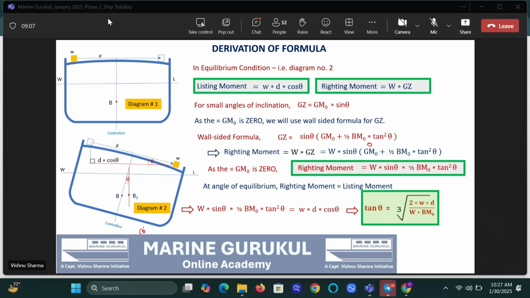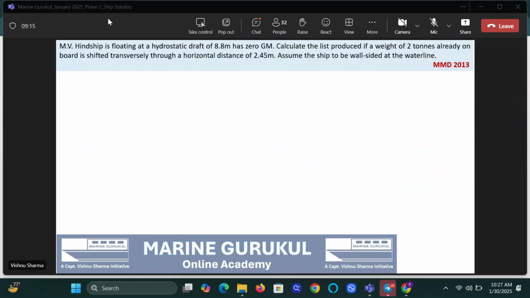What came in the exam was a straight, simple one, which I'll take first, which came in the exam and has been shared with you. They were very generous to the students here because he said clearly that the initial metacentric height is 0, zero GM, so immediately it should strike. It came in MMD 2013, guys.